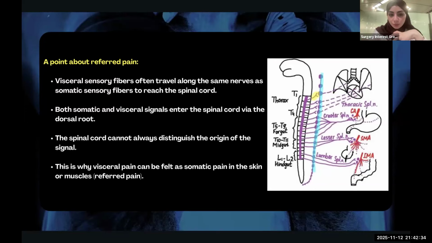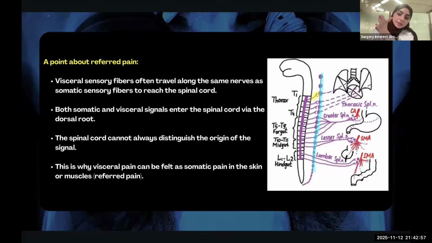So my organ is having pain. As I told you, the light blue fiber, recall, is going to go retrograde all the way back to the spinal cord to be sensed by the dorsal horn. But recall that the dorsal horn is also receiving nerves from other parts of the body, specifically somatic parts, like skin or muscle. It's receiving pain from there too.